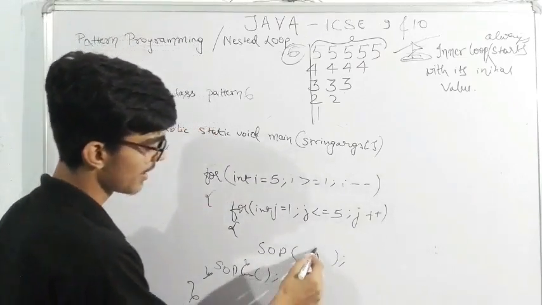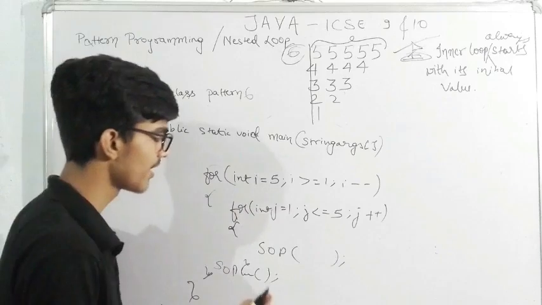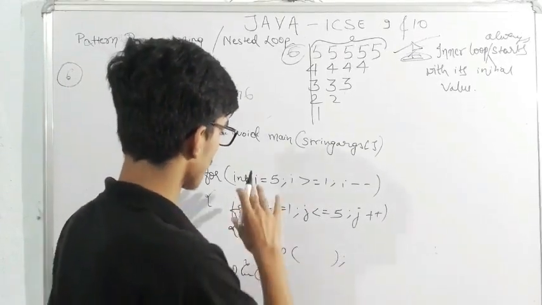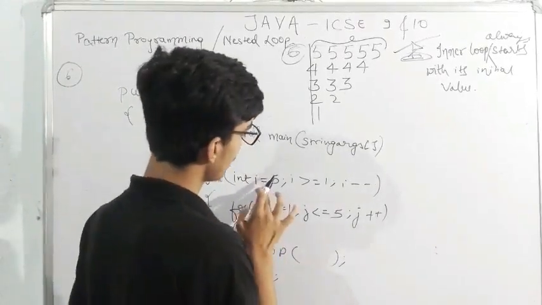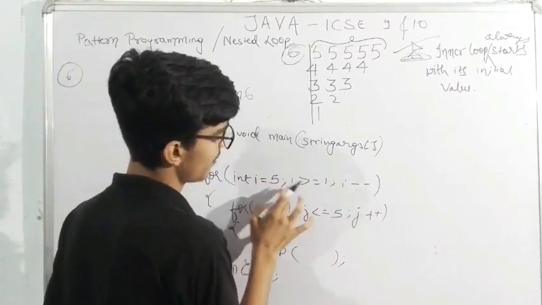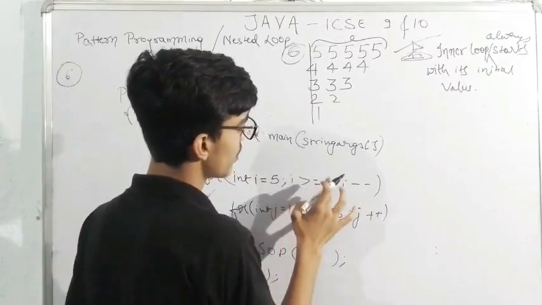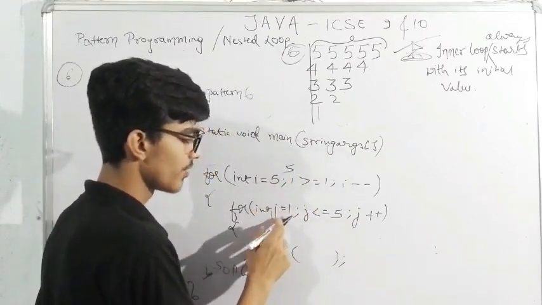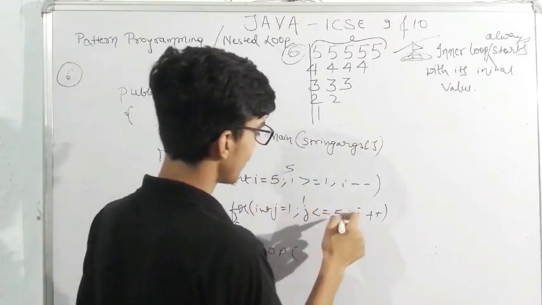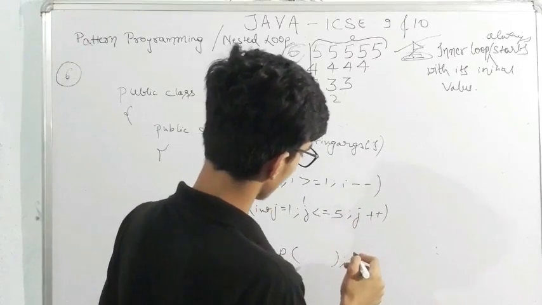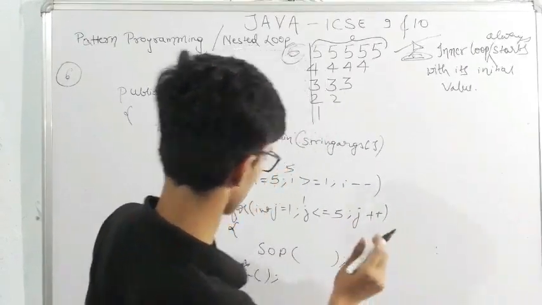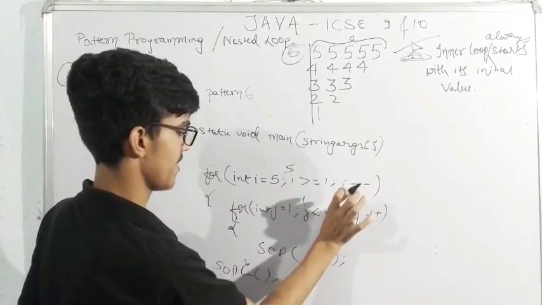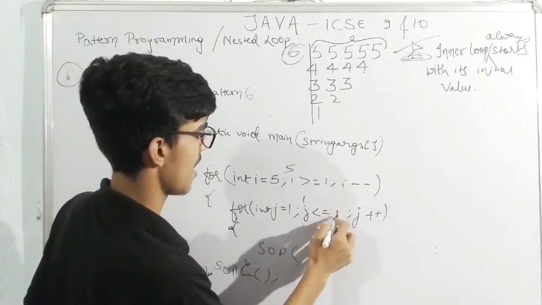You know that we will write I here, but we will write it afterwards. So here we have the value of I as 5, I is more than or equal to 1, yes, 5 is more than 1, yes. Now j is 1, 1 is less than or equal to 5. Now here we will write I.